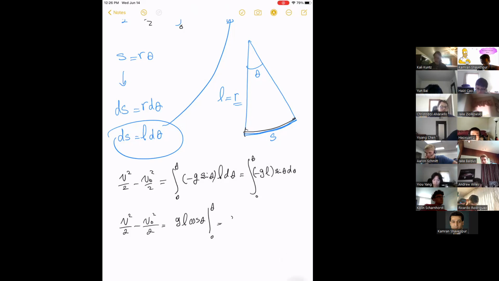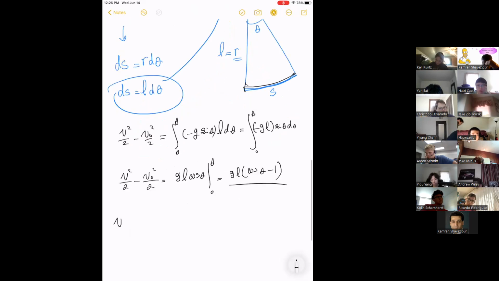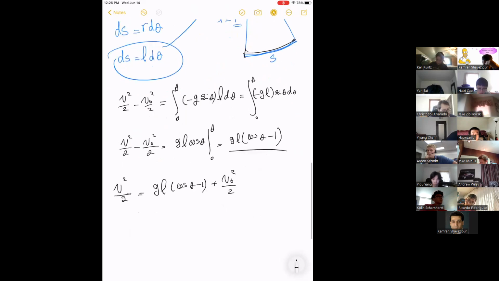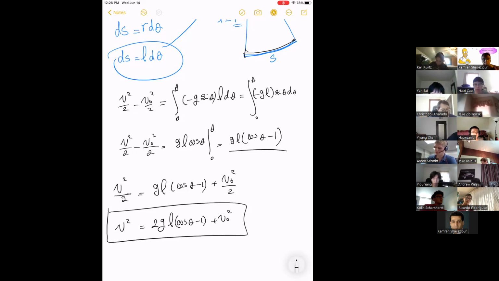If you substitute, you're going to get GL cosine theta minus 1. So technically, your V squared by 2 is going to be GL cosine theta minus 1 plus V0 squared by 2. Or if you simplify it, V squared is going to be 2GL cosine theta minus 1 plus V0 squared. This is your V squared, right? Did you get the same number or same equation?